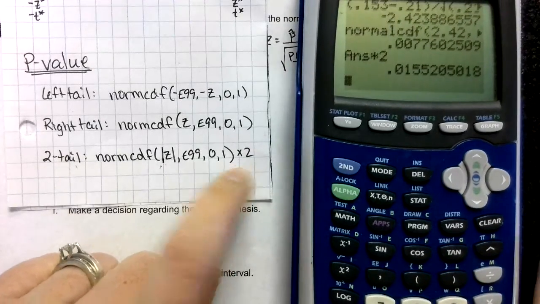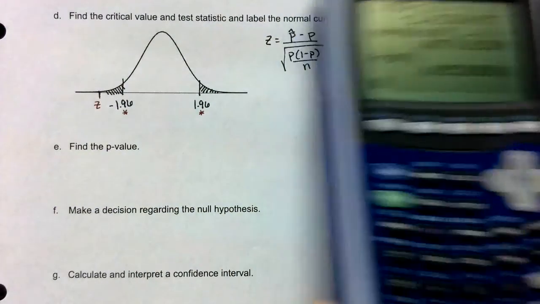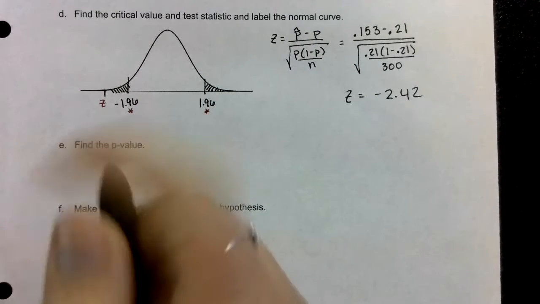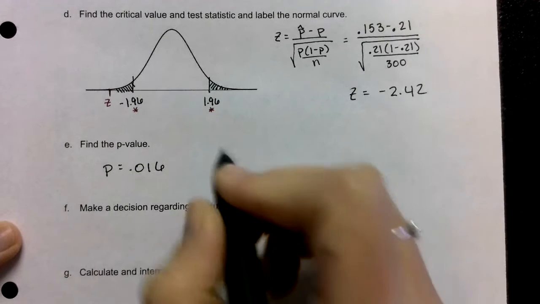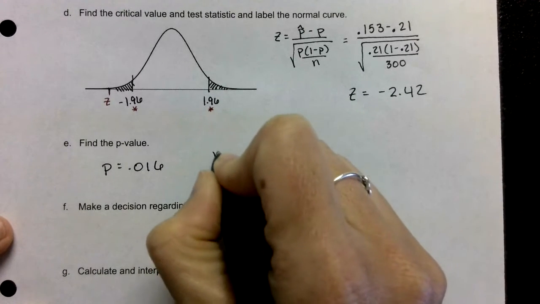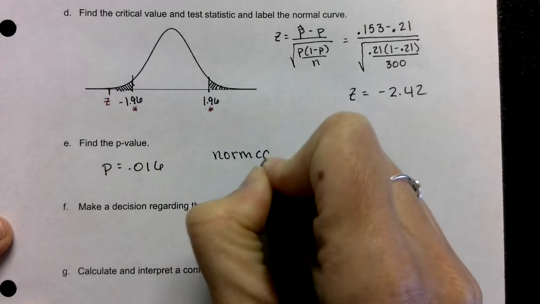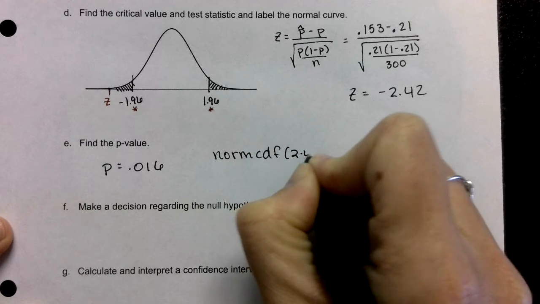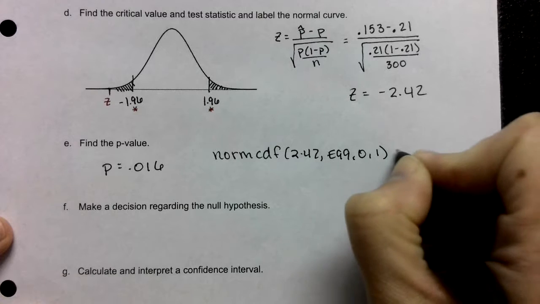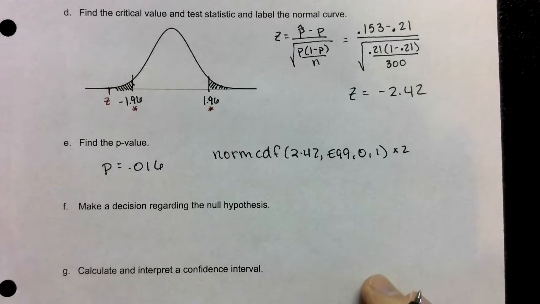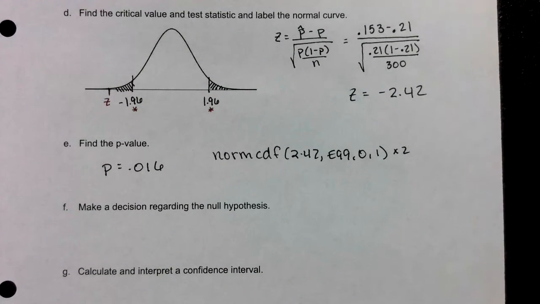So I get a p-value of 0.016. And I'll write down what I put in here too. Okay, so I have a p-value of 0.016.